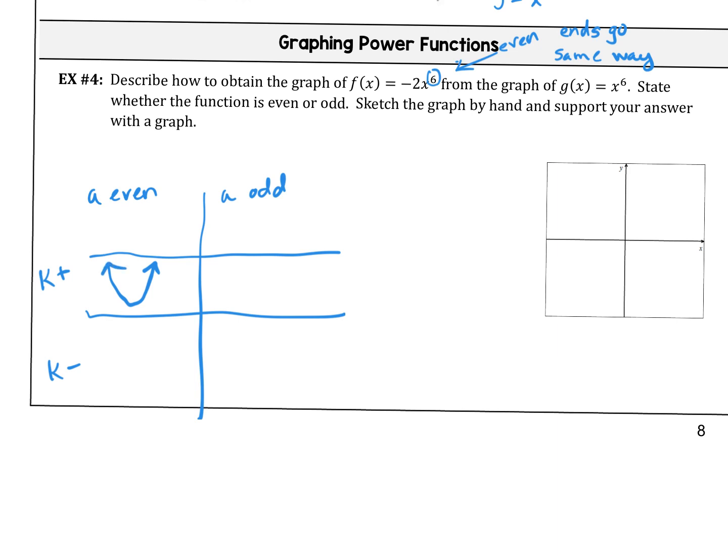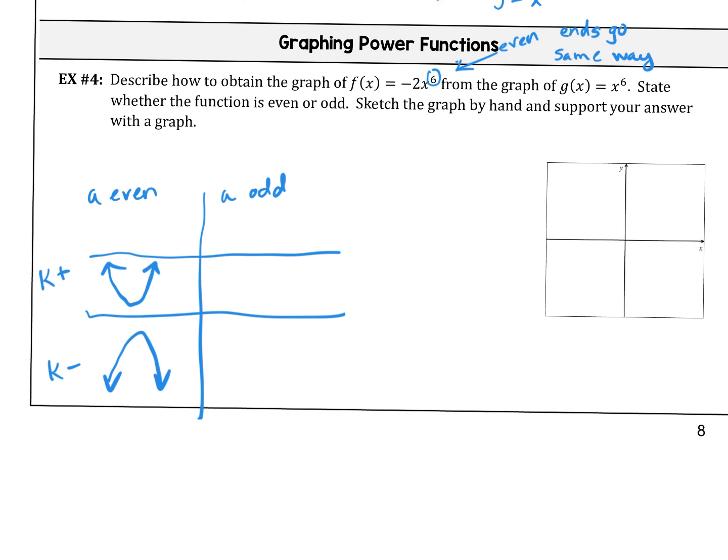Both ends going the same direction, both ends going up. So if A is even and K is negative, what are the ends going to look like? They're going to go together, but which way? Down, aren't they? So if K is negative, it's going to look like this.